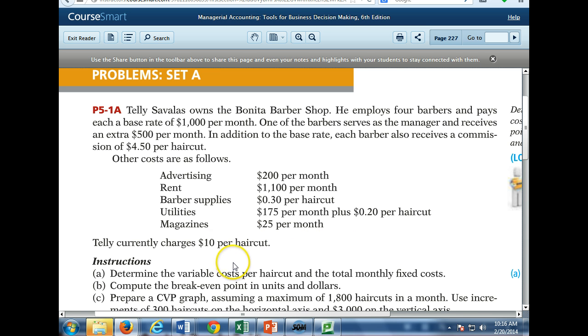What else is a variable cost? Barber supplies, 30 cents a haircut. Some utilities, 20 cents a haircut, aren't they?